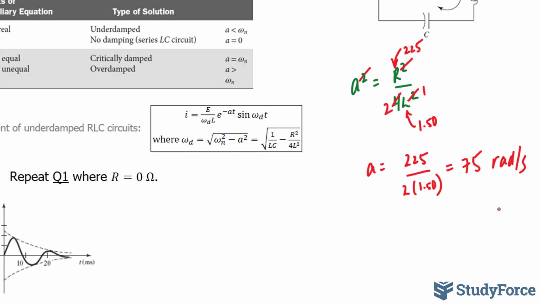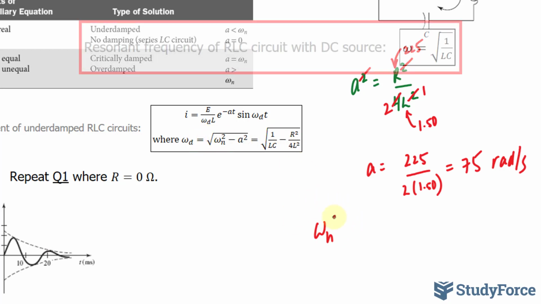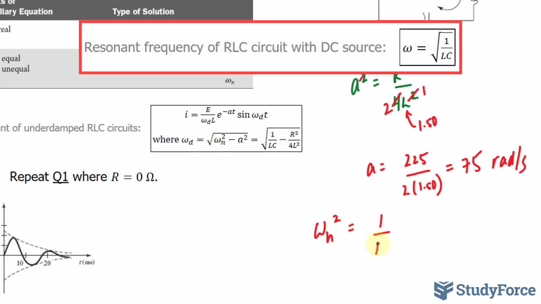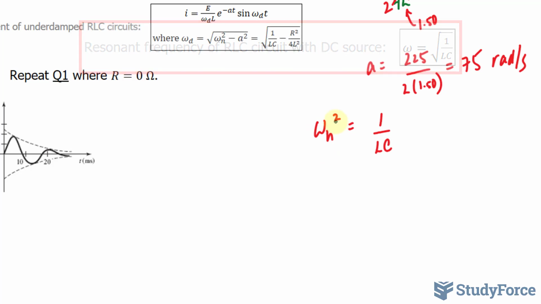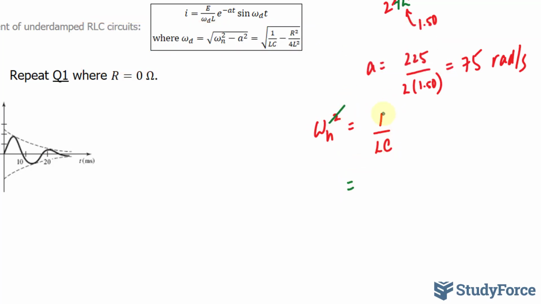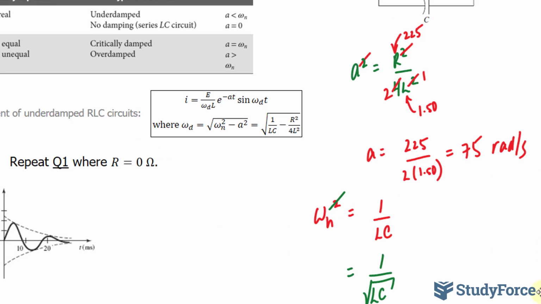Next, we need to find the frequency omega n. Omega n squared, according to this equation here, is equal to 1 over LC. I'll square root both sides to isolate for omega n. And if I do that, this goes away. And on the right side, if I square root this expression, I end up with 1 over the square root of LC. My inductance, according to our question, is 1.50.